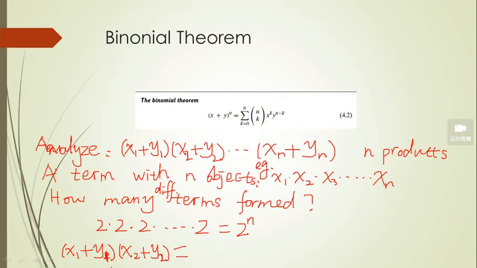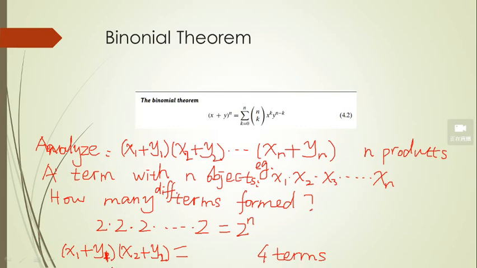In this case, how many terms are you going to get? You can have different combinations: x1 x2, x1 y2, y1 x2, y1 y2. So how many different terms? 4, right? 4 terms. Make sense in that way?